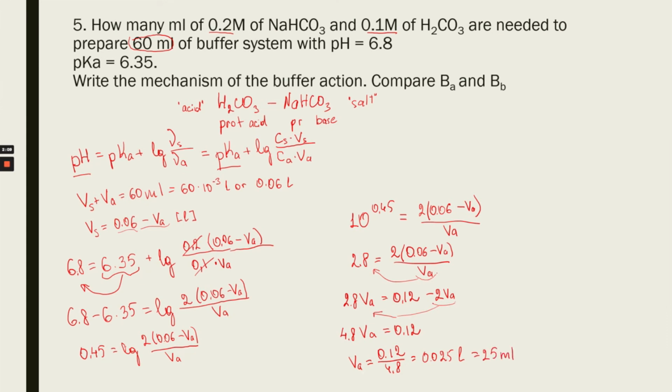So the volume of acid in buffer composition is 25 milliliters. Is for that component 25 milliliters. And the volume of salt will be 60 milliliters minus 25. It will be 35 milliliters. So we have 35 milliliters here.